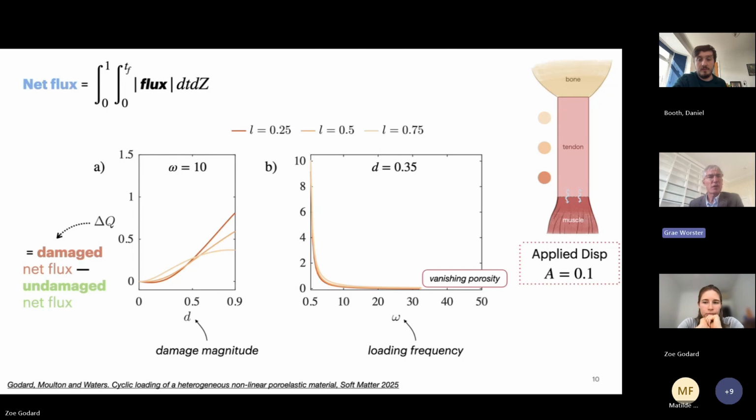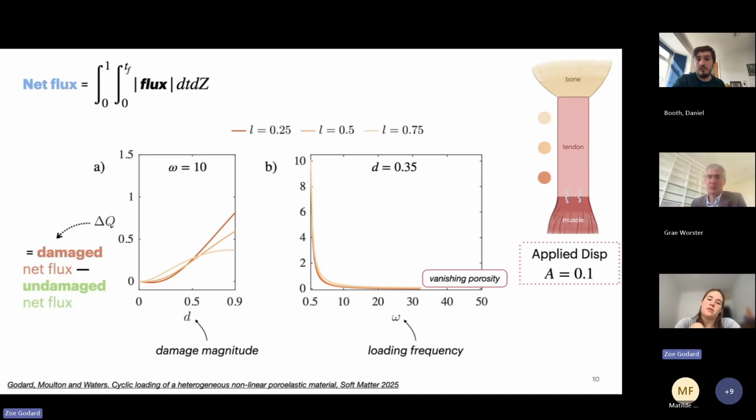I can imagine more with the net strain, in the sense that the damage might get worse, straining it back and forth and back and forth. So you can imagine the tissue weakening over time and having a cumulative effect. I was struggling a bit more to picture what this measure of net flux might be useful for.